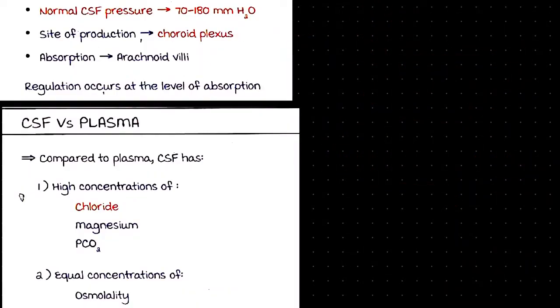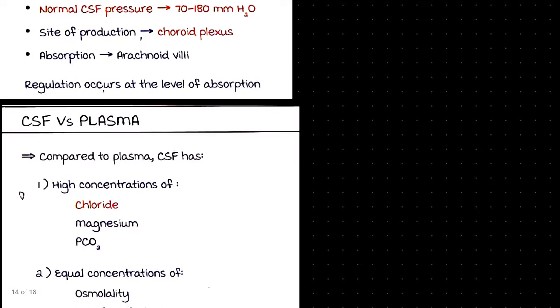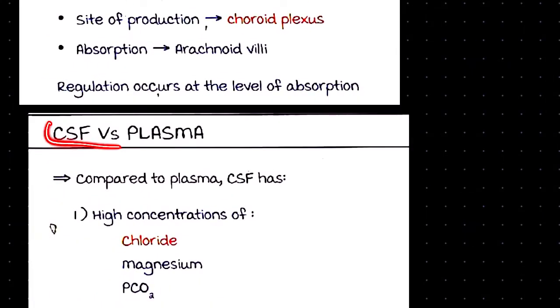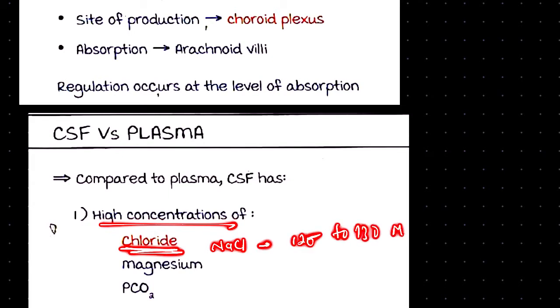Okay, now moving further, let's compare our CSF with plasma. While comparing CSF with our plasma, CSF has a higher concentration of chloride. It is so important. The chloride concentration is about 120 to 130 milliequivalent per liter, right?